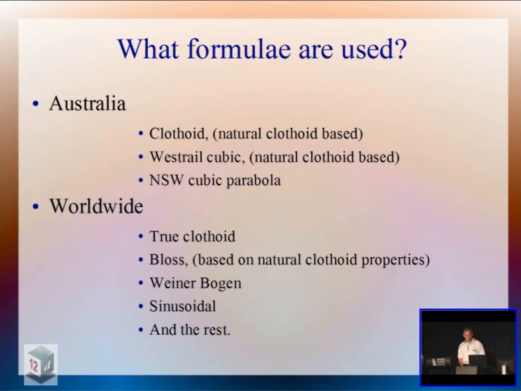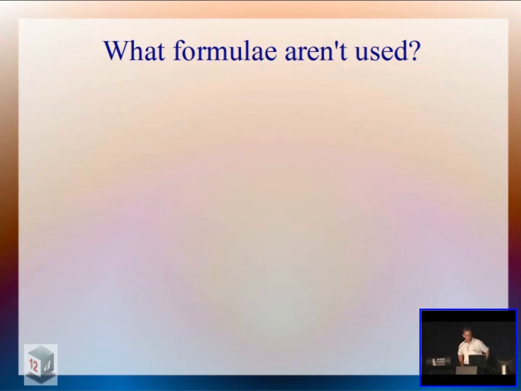It's a heavily engineered curve where they went and looked at existing rail tracks and made all theoretical adjustments with the cant and the loading of the trains on the tracks, and they came up with this curve, which I believe has proven to be in real use far less wear and tear on the rail. Again, we don't use that in Australia, and it's a highly engineered curve, lots of numbers and formulas. Again, fine for computer, but a nightmare by hand. And then you have these other derivations, the sinusoidal curves, cosinusoidal, and so on. They're just various places that decide they really want to use one of these rather than the standard stuff.